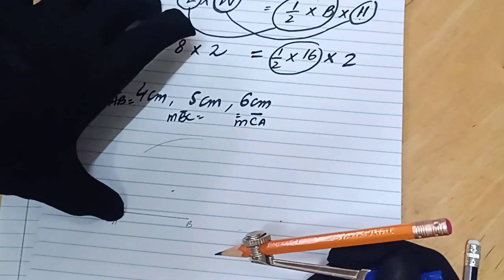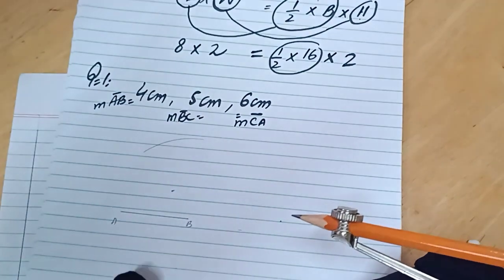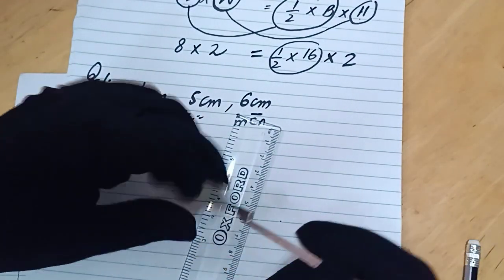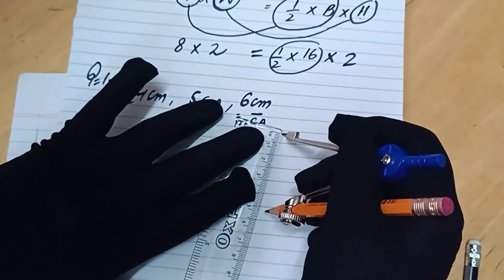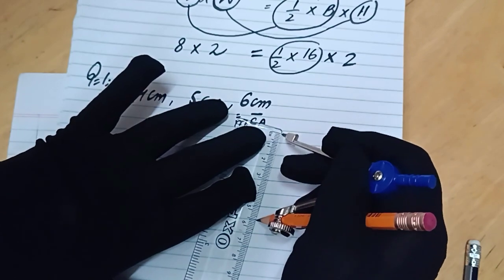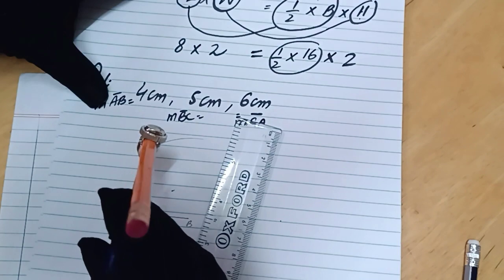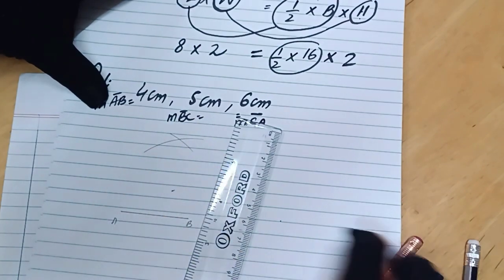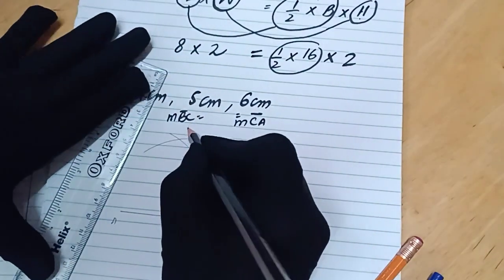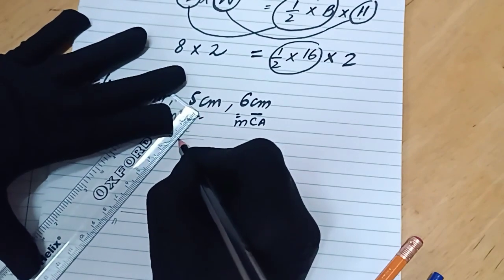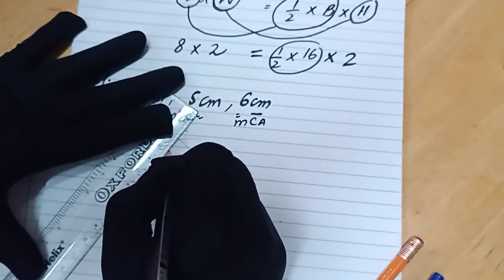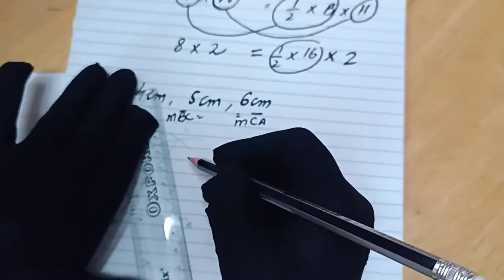Now A to C, or C to A, is 6. So open the compass again to 6. Okay, make an arc from A to C, 6. So this point is obtained. This is called your C point. Join C to A and B.